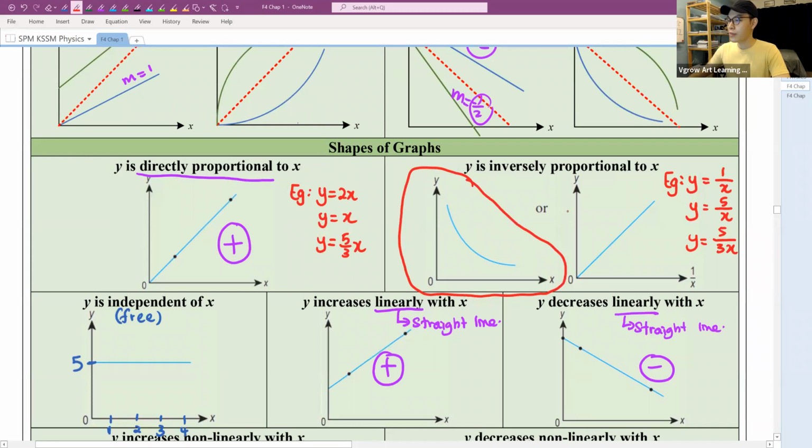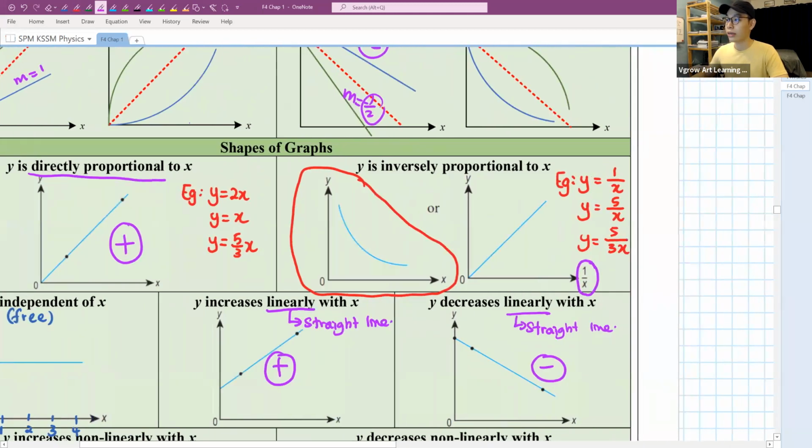But then remember, just now we did a few graphs that if I go and change the x value, instead of x, I write 1 over x. For this kind of graph, I will make it become a straight line. Okay, I write the 1 here to represent the gradient actually. I can put the 5 here to represent the gradient actually.